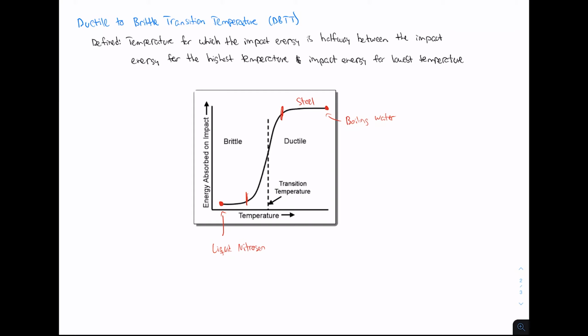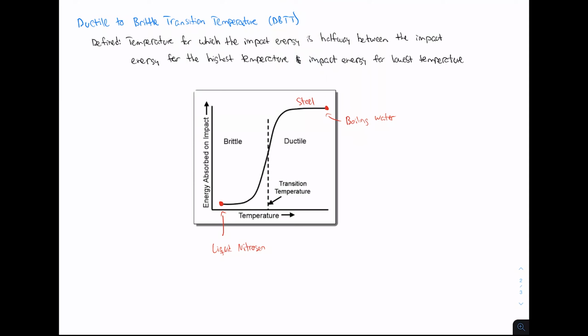Maybe in this case we're more ductile, but in this case we're also more brittle, but we're not just brittle and we're not just ductile. So that's why we're going to take basically this halfway point for the impact energy. So again, it's the impact energy that's halfway between the impact energy for the highest temperature and the impact energy for the lowest temperature.